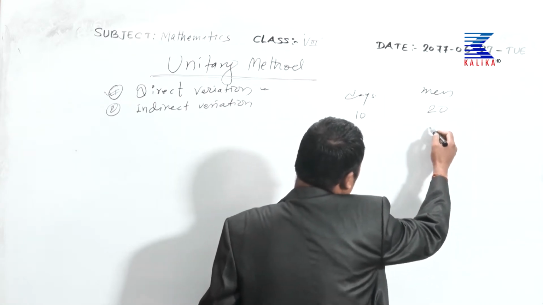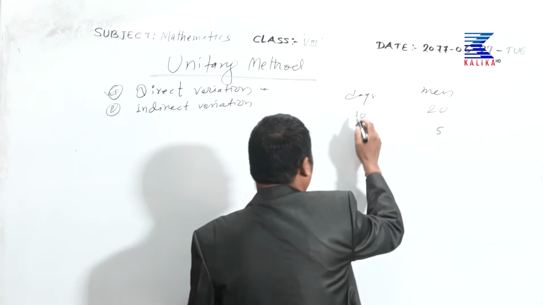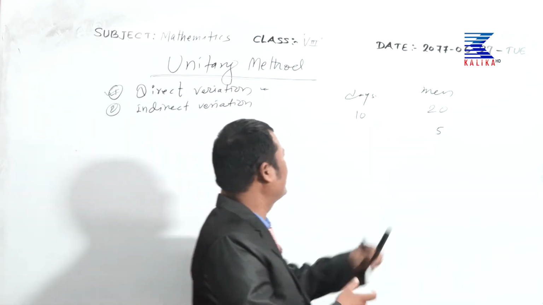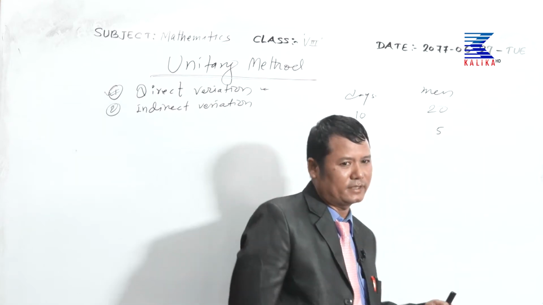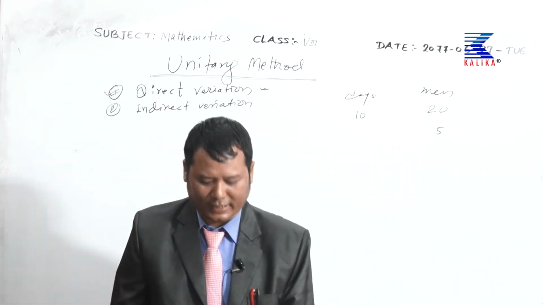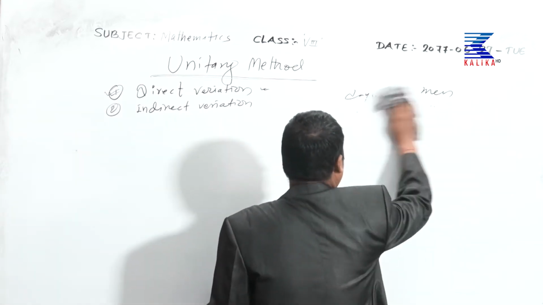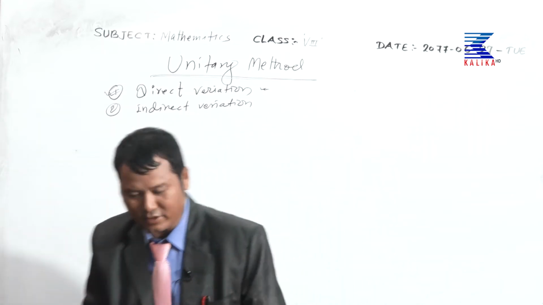If the men are 5, then the food lasts more than 10 days. The men decrease and the days increase here. One side increases and another side decreases. It is indirect variation. And some examples please.